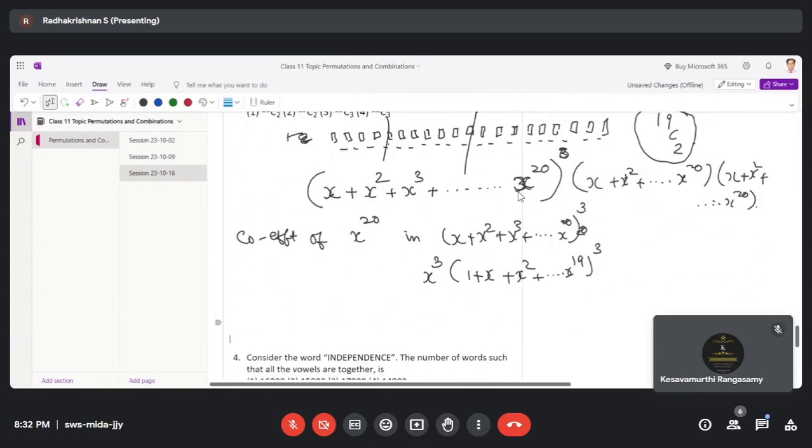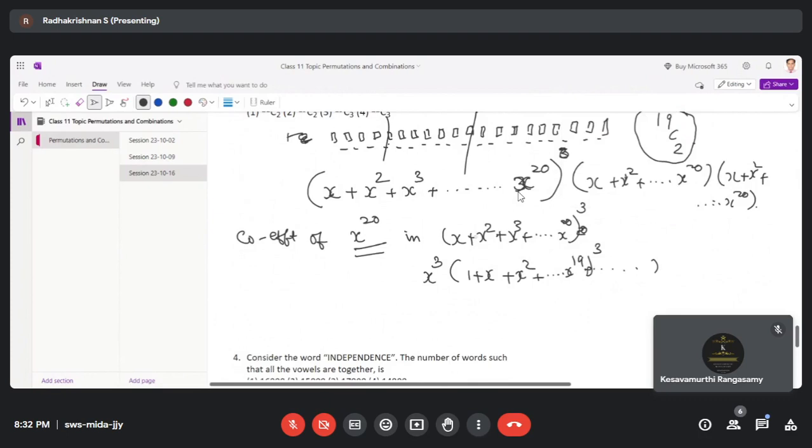This is not limited to 19. It can go indefinitely also, because it doesn't matter. We will only count up to 20, right? If it goes beyond 20, 21, 22 and so on, we are only going to count the coefficient of x power 20, so it doesn't impact us.